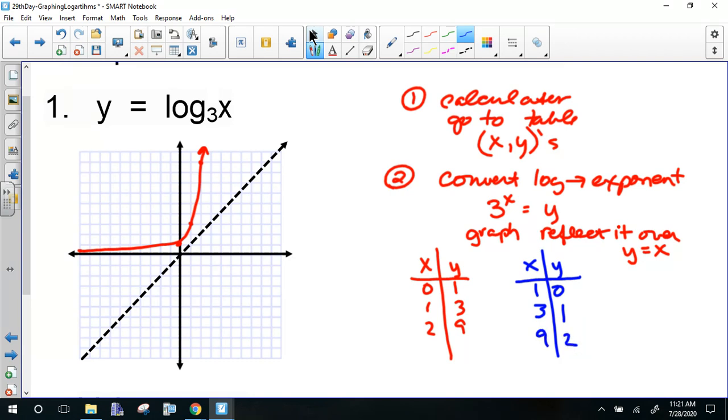And I can plot those and I'll have the graph of log base 3 of x. So 0, 1, we'll have 3, 1, and I'll have 9, 2. This is my graph of log base 3 of x.